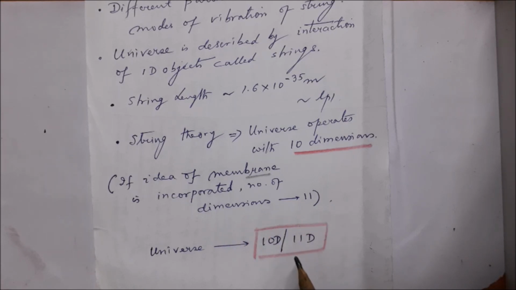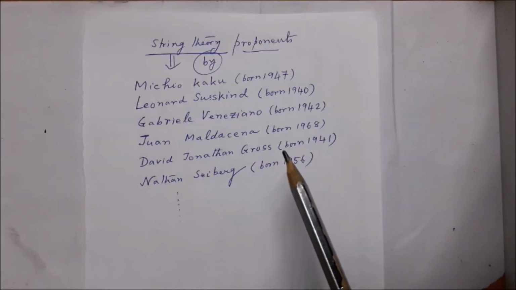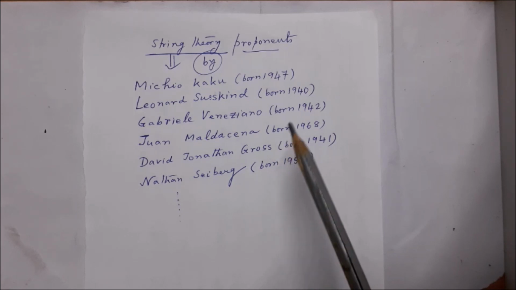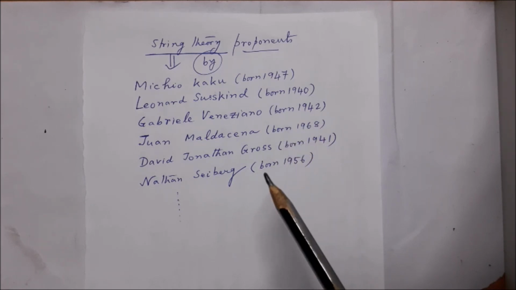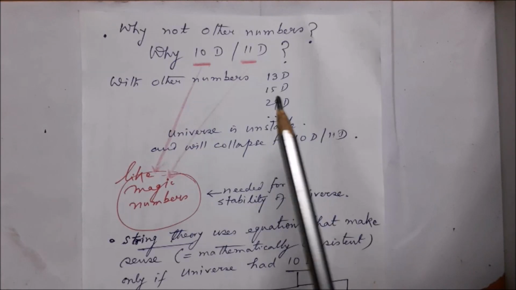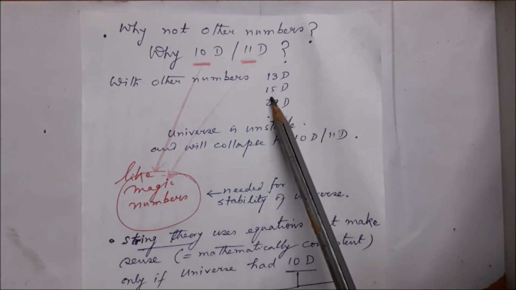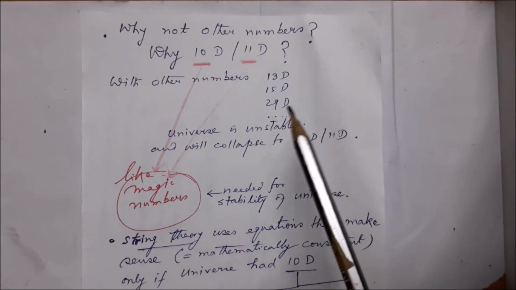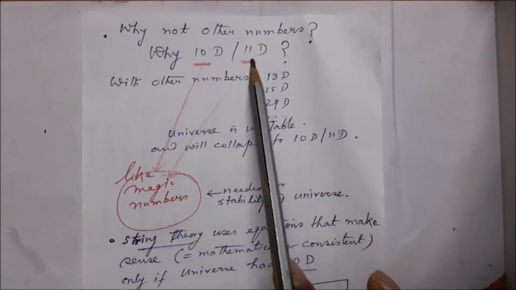So in a nutshell, as per string theory, the universe needs to have 10 or 11 dimensions. Now, these are some of the eminent, illustrious personalities who developed string theory, and they are going on with it. Now why not 13, 15 or 29 or any other number, and it is 10 or 11?